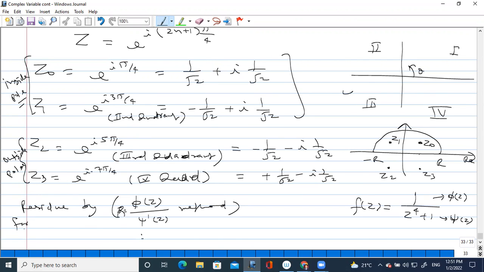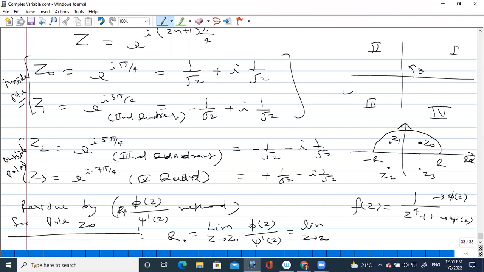Because 2 poles are inside, for pole z0 I am using it, so that will be limit z tending to z0 phi(z) by psi dash(z). That will be my residue R0. So the answer will be limit z tends to z0, phi(z) is the same 1, psi dash(z) will be 4z to the power 3.